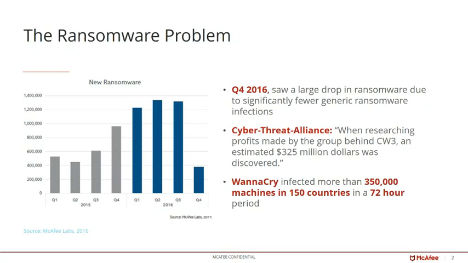Secondly, and kind of irrespective of the financial costs, there are real human costs, and we saw that in spades last week. The WannaCrypt outbreak in the UK affected almost half of our health service trusts.